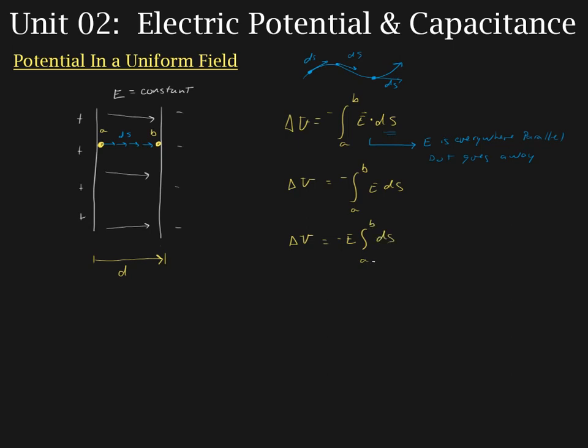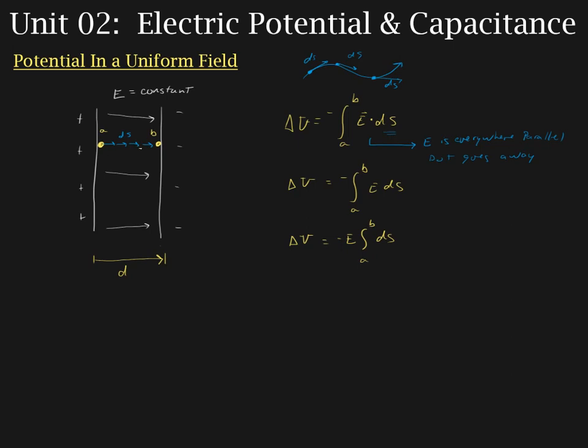of ds. And when you go from A to B and you're integrating ds, all we're looking for is the length of the path, which was parallel to E, which in this case, because E was in the same direction as ds, the path length is just going to be equal to d.